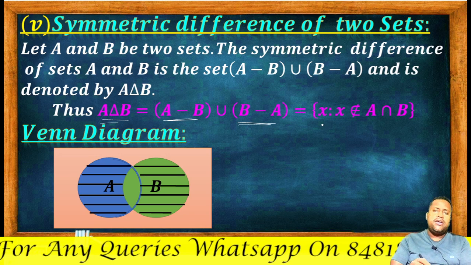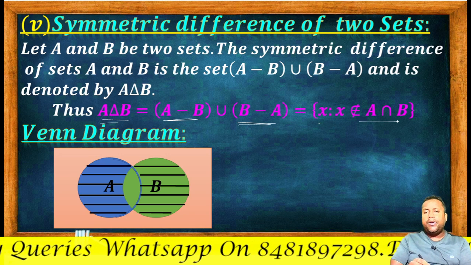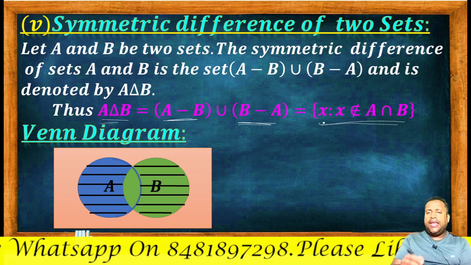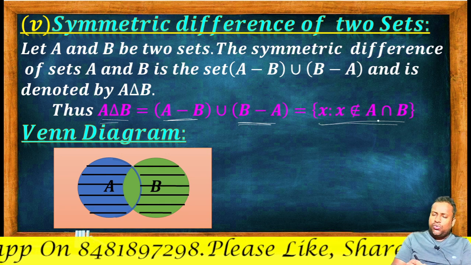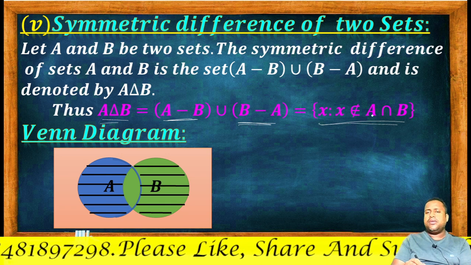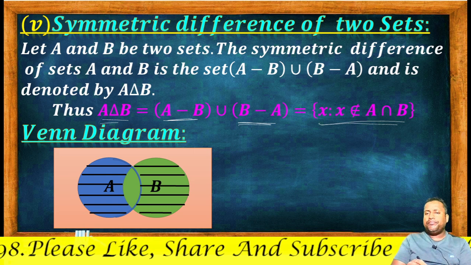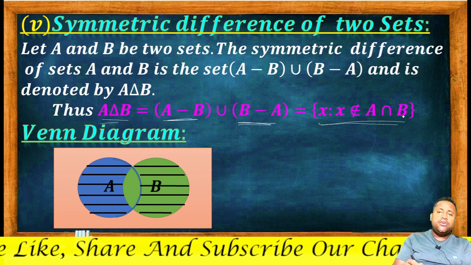If we write it by property method, it will be: x such that x belongs to A union B, x does not belong to A intersection B.